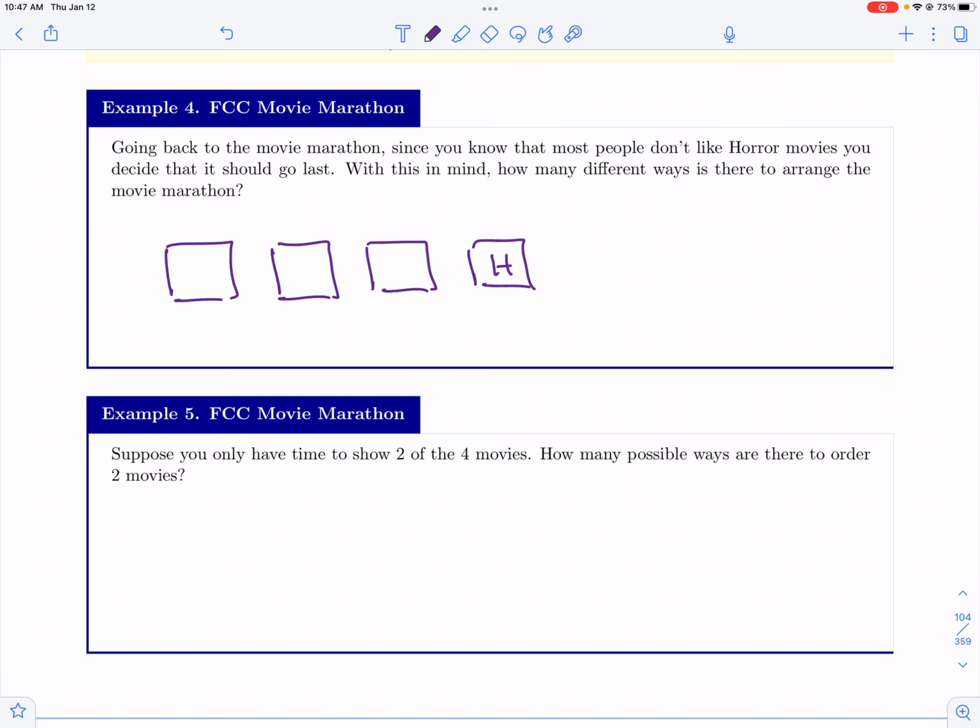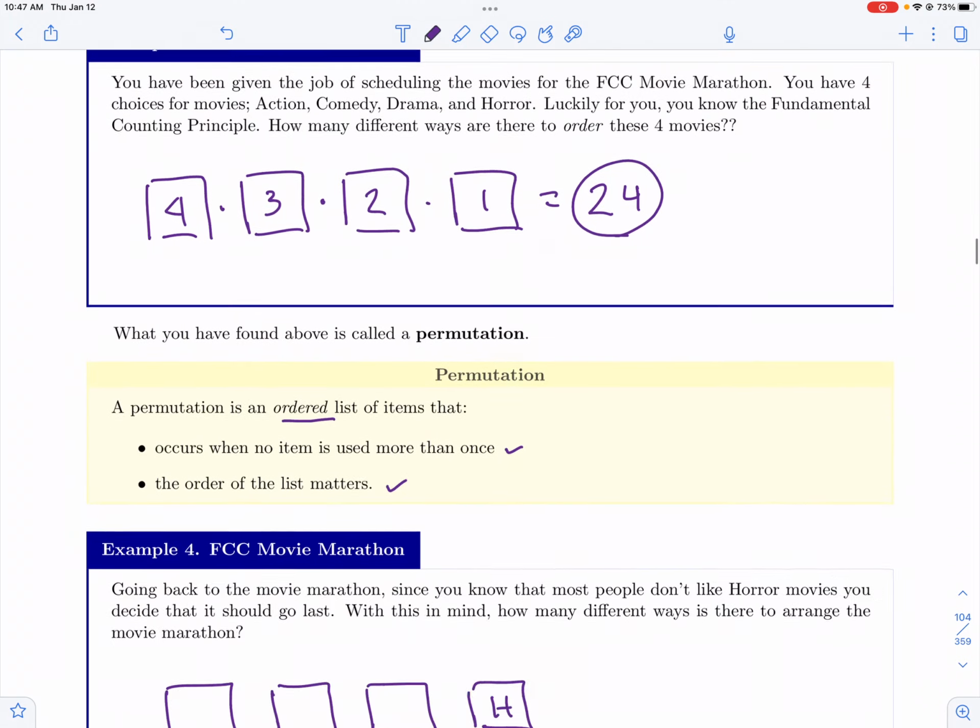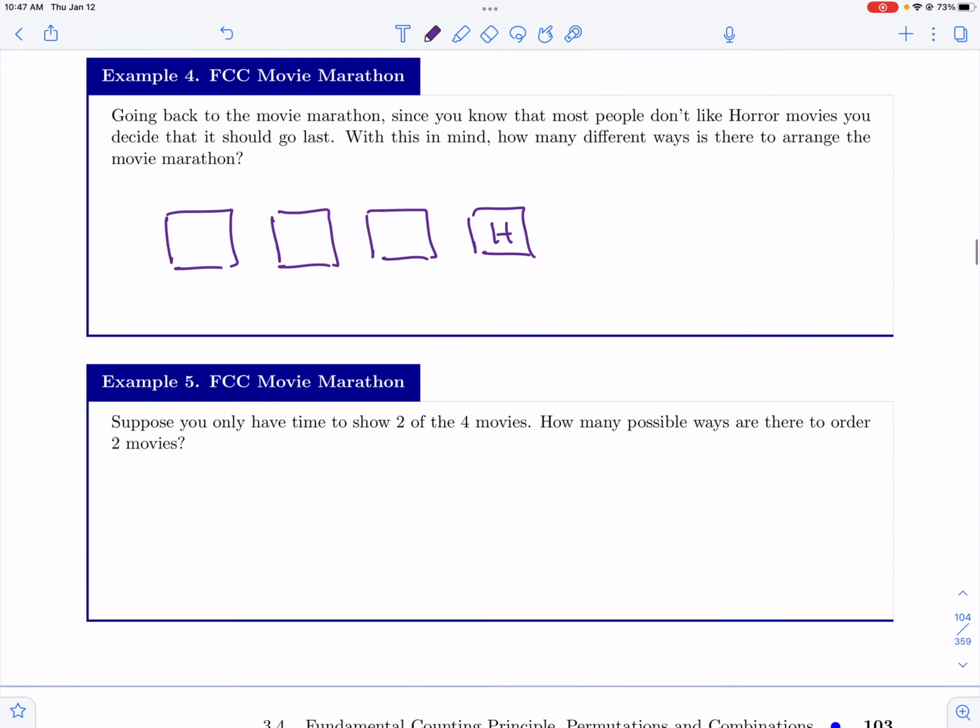Now I've taken the horror movie off the list, so I only have choices between the action, the comedy, and, I'm trying to remember, drama. That means I've only got 3 choices for what the first movie could be, 2 choices for the second, and finally 1 choice for the third. Multiplying these together, I've only got 6 possible ways I can arrange these 4 movies, assuming I put the horror movie in the last spot.